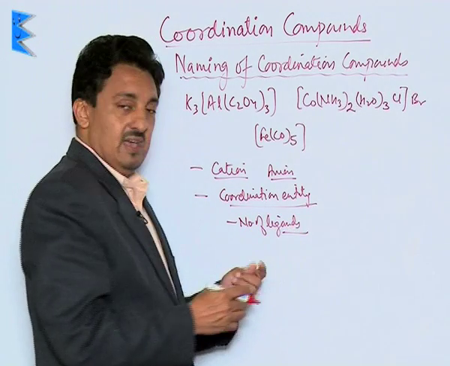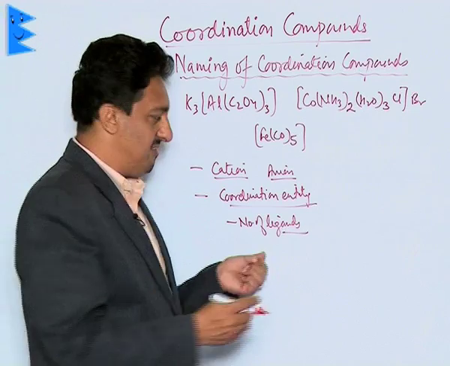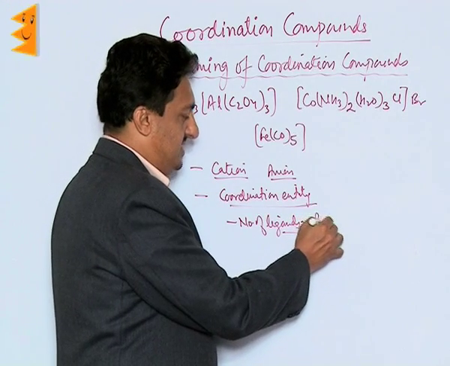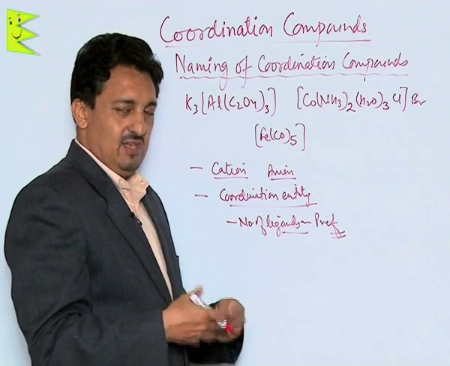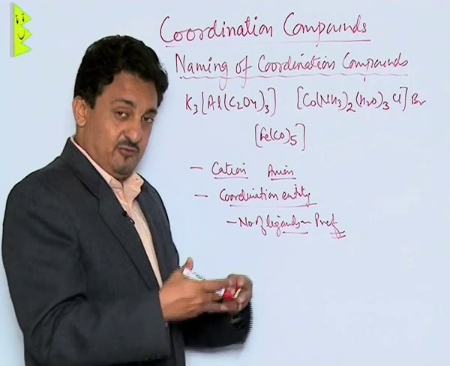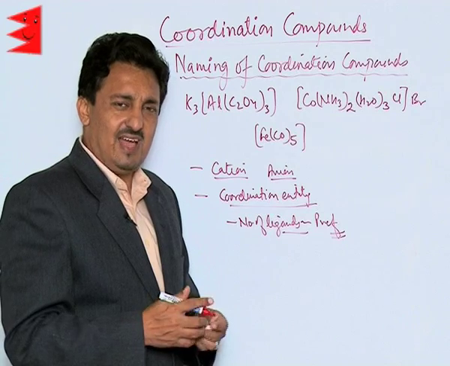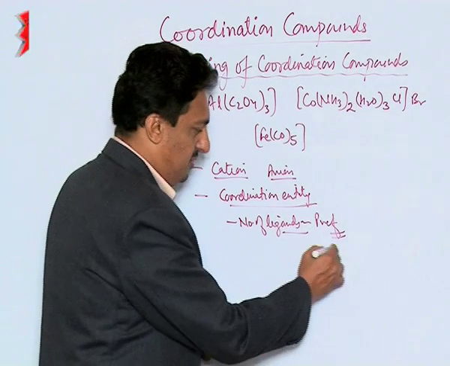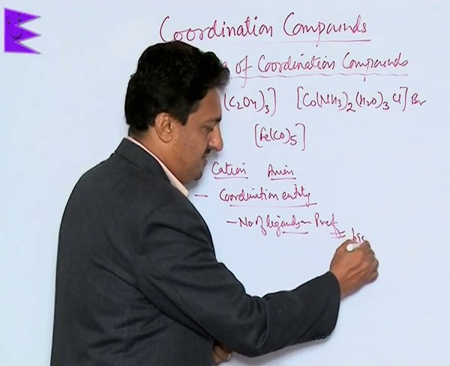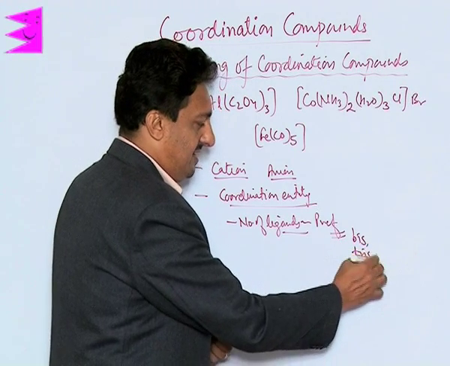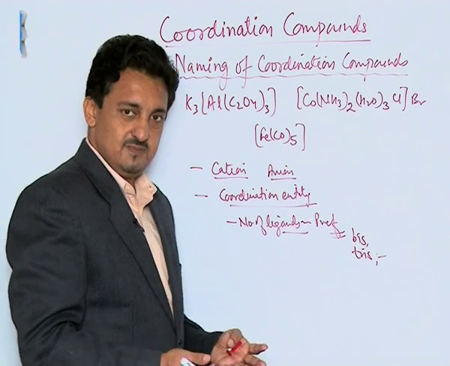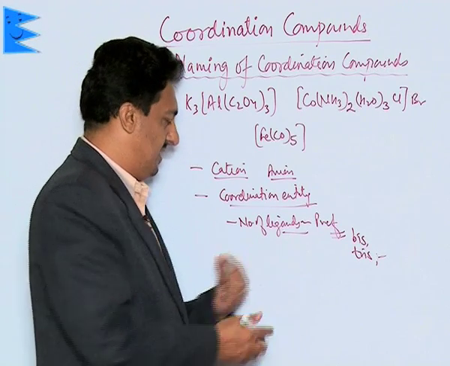We indicate the number of ligands by certain prefixes, like di, tri, tetra, penta, hexa for normal ligands. And if the ligand name itself contains di, tri, tetra, etc., we use prefixes like bis to indicate number 2, tris to indicate 3, tetrakis to indicate 4, like this. So it begins with the number of ligands.